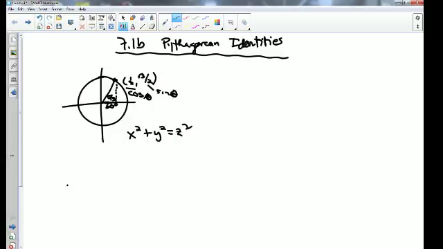Sure. Okay, can I insert this information into the Pythagorean theorem? What's x? Cosine. Y is sine, and z is the radius, which in the unit circle is 1, right? There's your first Pythagorean identity.